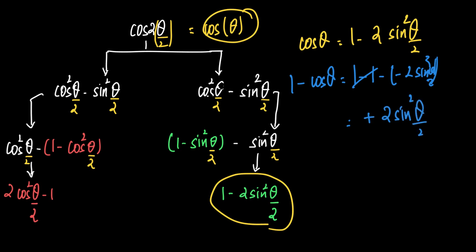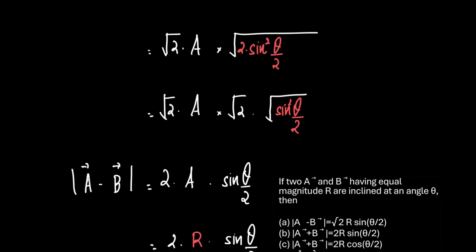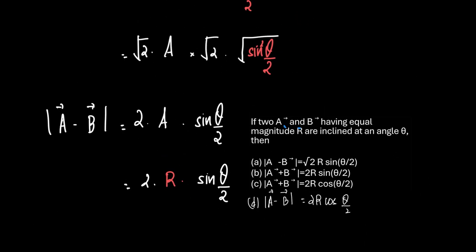So 1 minus cos theta is equal to 2 sine square theta by 2. Therefore, the expression becomes root 2 times A into root of 2 sine square theta by 2, which can be split as root 2 into root 2, which is 2, times sine theta by 2. Since the magnitude of A and B is given as R here, A can be replaced by R. That gives us 2R sine theta by 2, which is equal to the magnitude of A minus B.